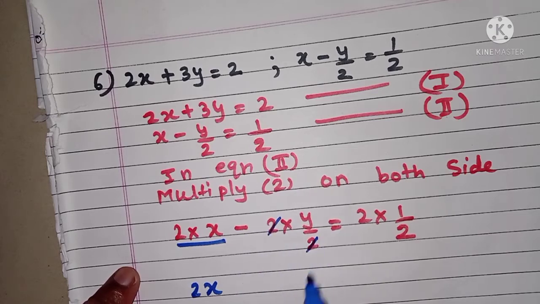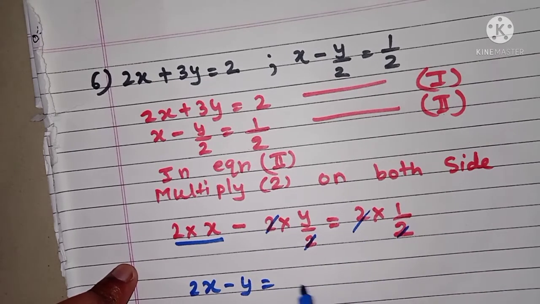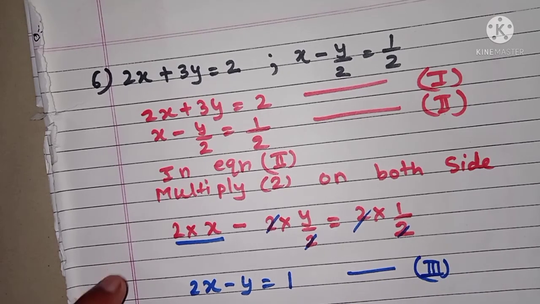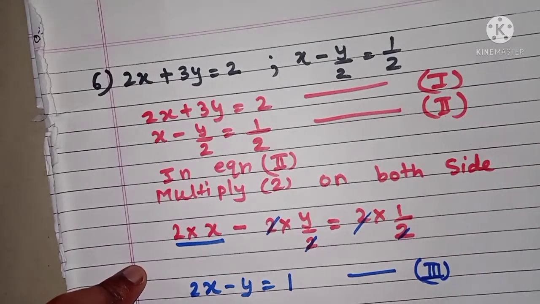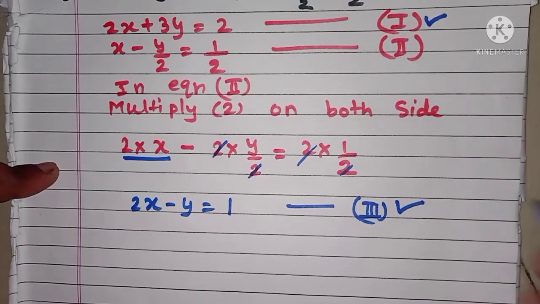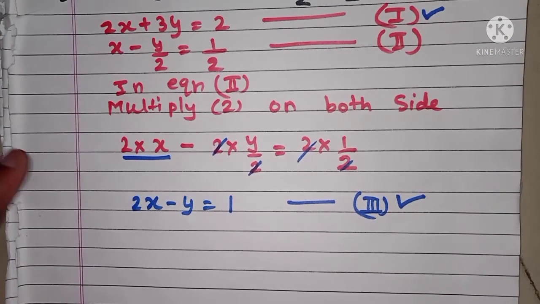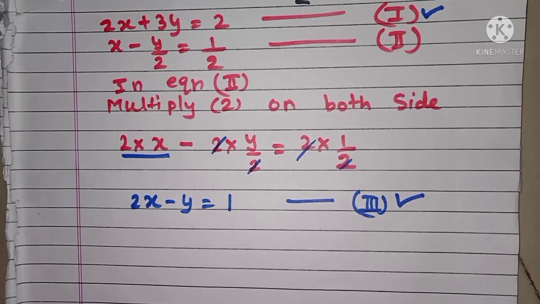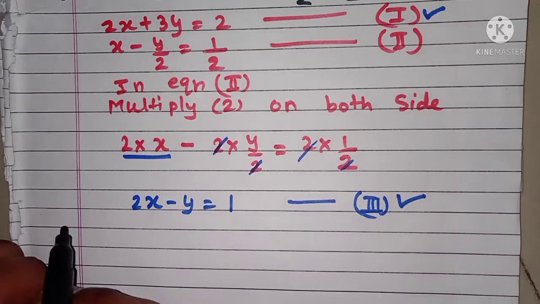Then it will cancel each other, y, and it will cancel each other, give you 1. This will be your equation 3. So you have to work with equation 3 and 1. And by using these two equations, we will write our a1, a2 and all, everything. Okay, so I will write like this.